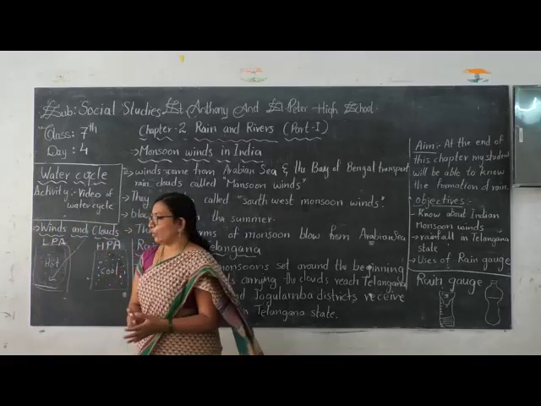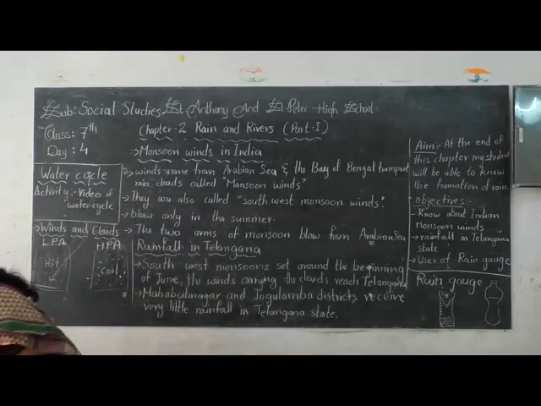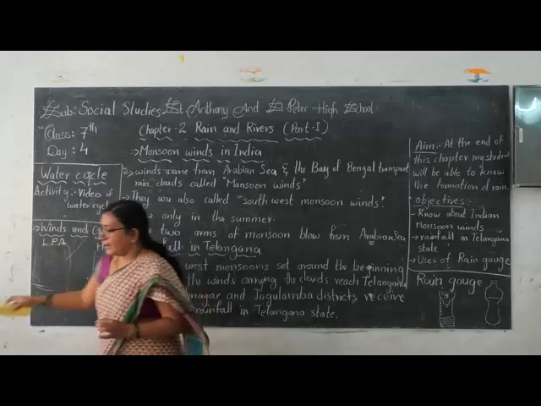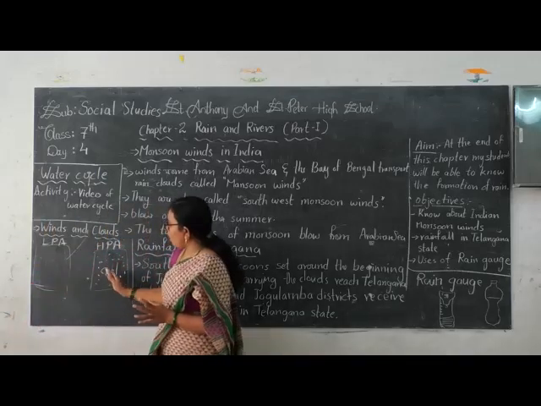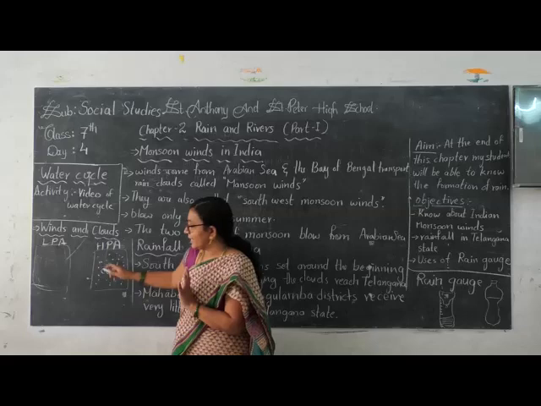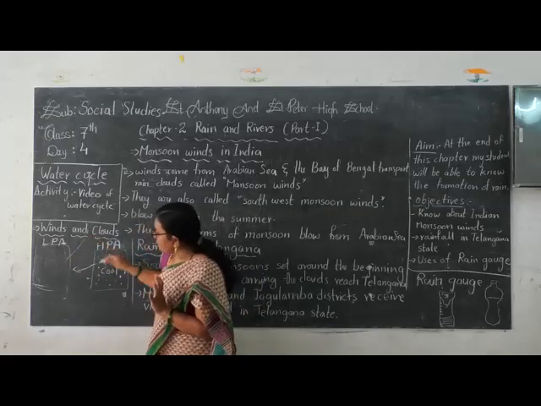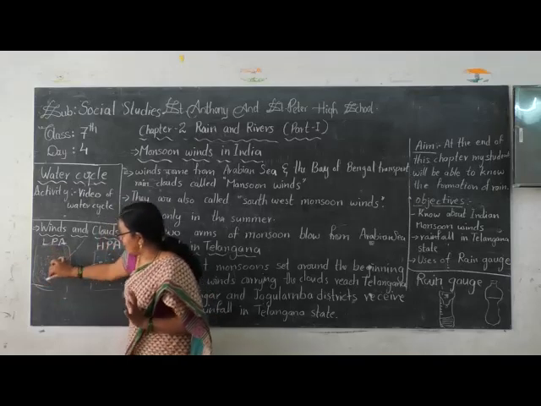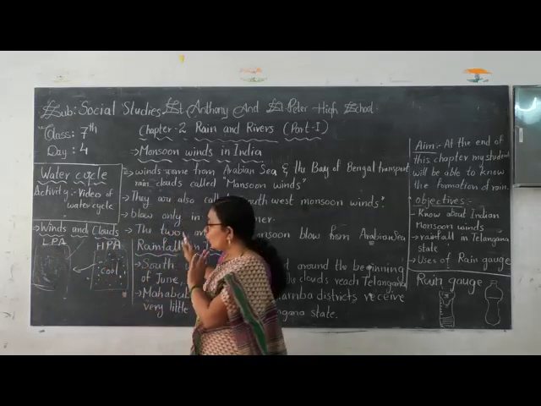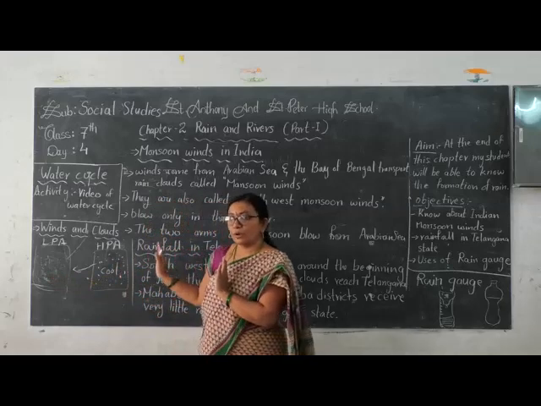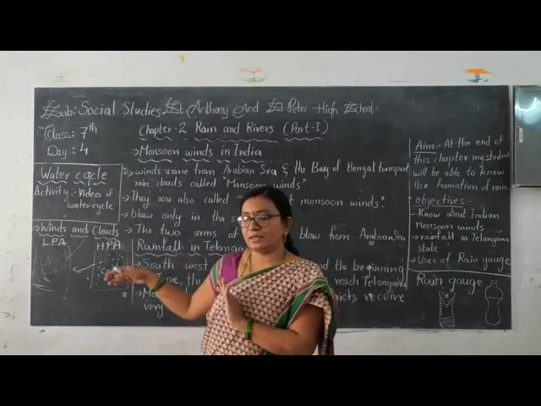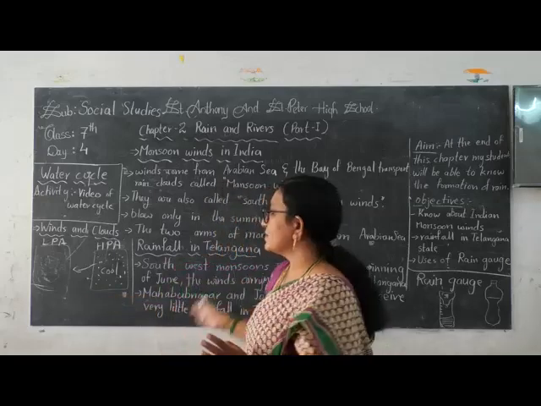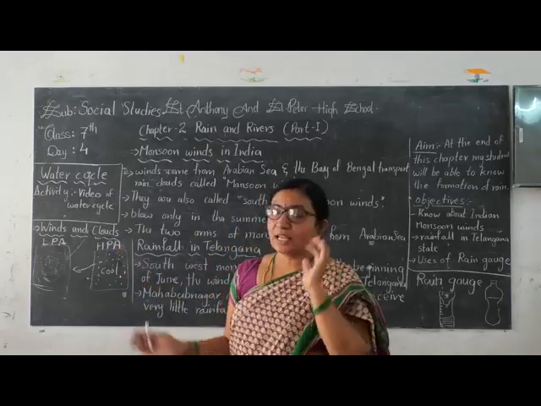Where there is a low pressure area, the molecules become dry, and the molecules of cool air move from high pressure to low pressure and occupy these places. This movement of air from high pressure towards low pressure is known as wind. We call it wind.